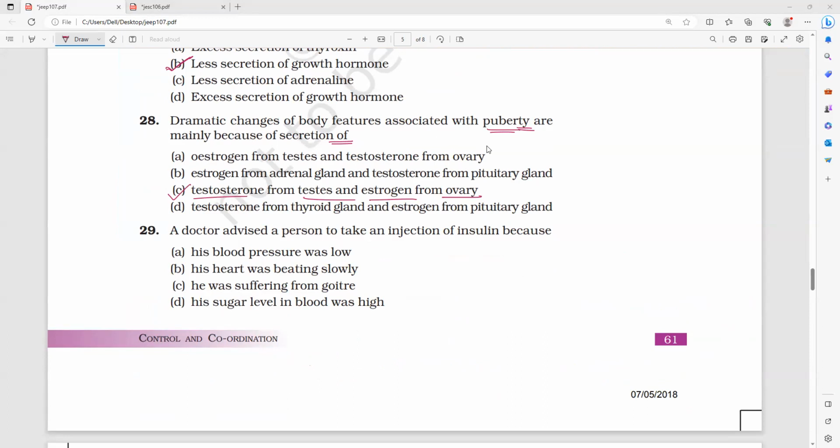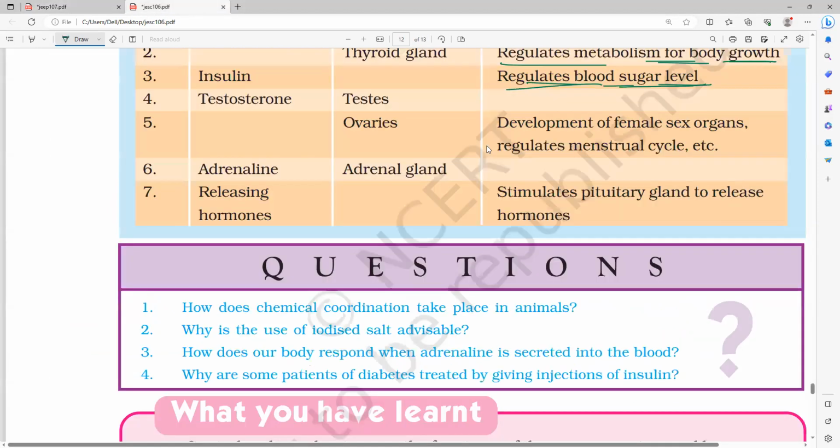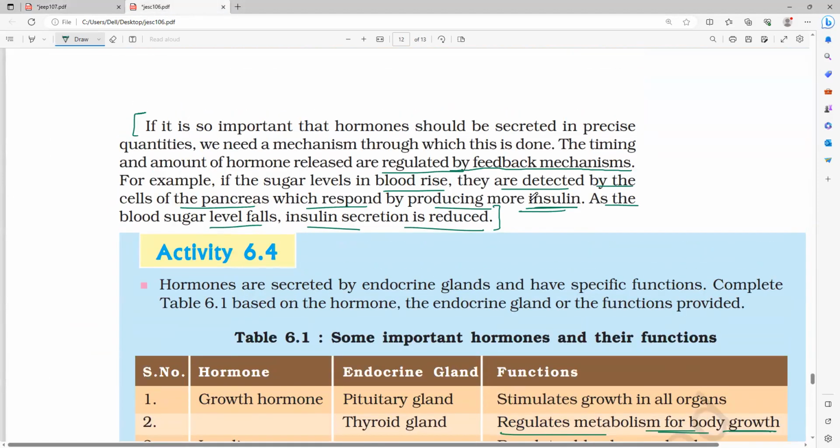Next, a doctor advised a person to take an injection of insulin because? Option D, sir. If the sugar level in the blood rises, it is detected by the cells of the pancreas, which respond by producing more insulin.